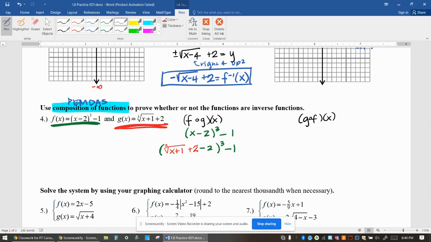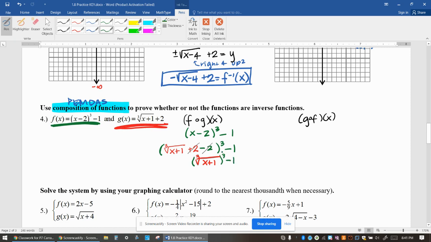I'm going to go ahead and cancel these two because they're both outside of the root. Then I'll be left with the cube root of x plus 1, quantity cubed minus 1.